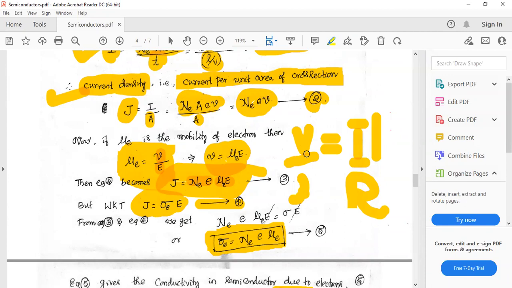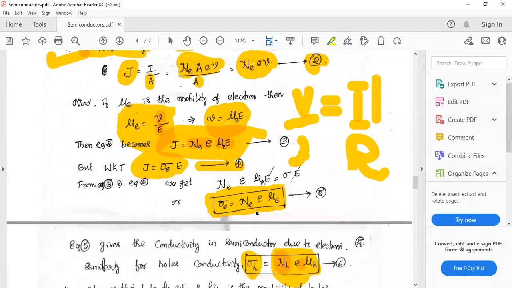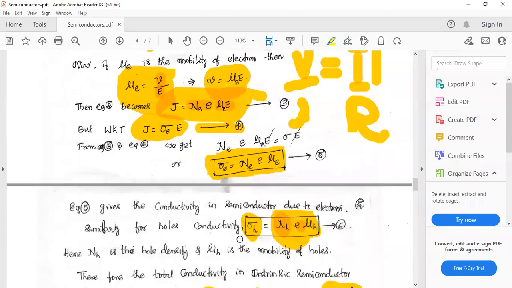On comparison, I can find out that sigma_e, the electrical conductivity due to electrons, is nothing but N_e e into mu_e. And similarly for holes, sigma_h, the electrical conductivity due to holes, is given as N_h e into mu_h. The concentration of holes, charge of each electron, into mu_h, mobility of hole.